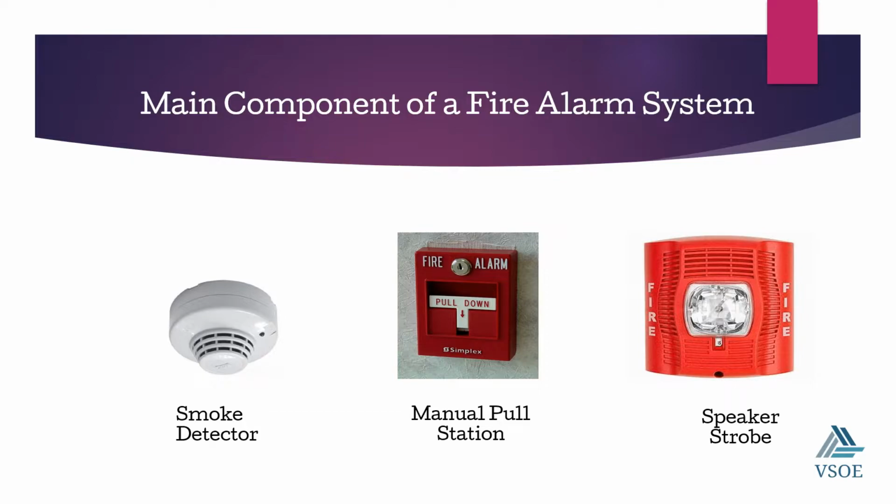All right, so these are the most common components that are used, and that includes a smoke detector, pulsation, and a speaker strobe. If you're accustomed to seeing a fire alarm system, these are the major components you will be able to identify.